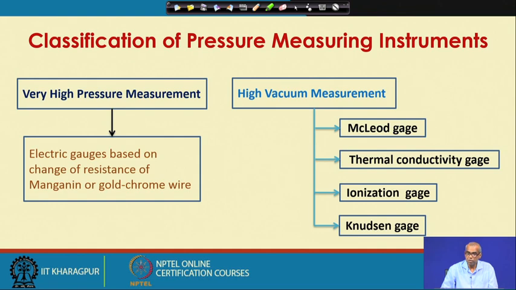For very high vacuum measurement, or very low pressure measurement, we will discuss instruments known as McLeod gauge, thermal conductivity gauge, ionization gauge, and Knudsen gauge. In this week and the following week, we will be talking about all these various pressure measuring instruments.